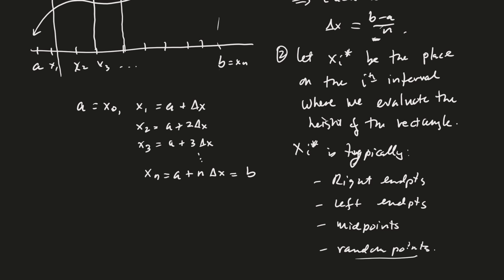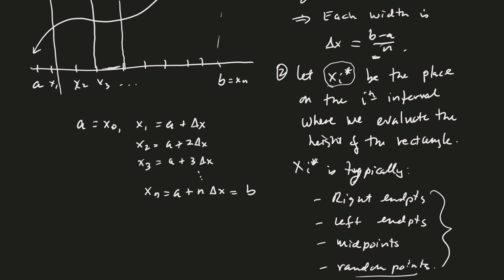And that random point, you just select a point at random in the ith interval, and then you would evaluate the height at that point. Good. So xi star is the notation that we use when we don't want to specify which endpoint we're taking the heights for. So again, it could be the left point, the right point, the midpoint, or just some random point inside that interval.